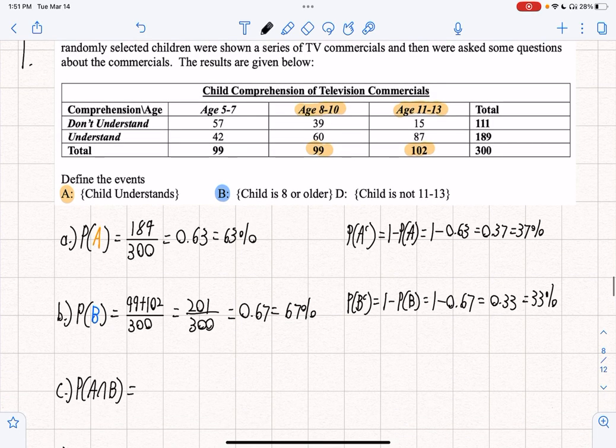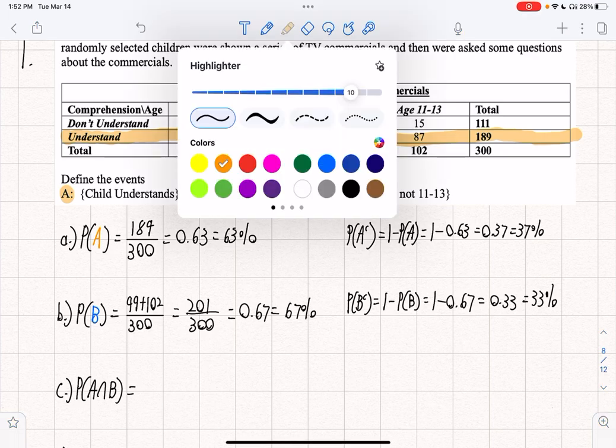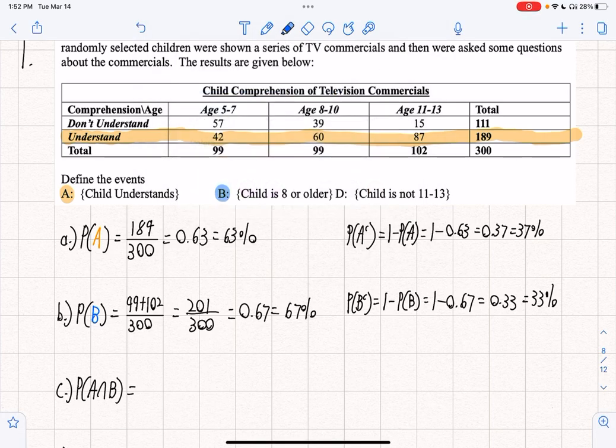Okay, probability of A and B. So we have a child that is at least 8 years old, and they understand the commercial. Well, we know that understand is this row. That's event A, and we want to intersect that with event B, which is this column and this column. We can see where these intersect would be here and here.